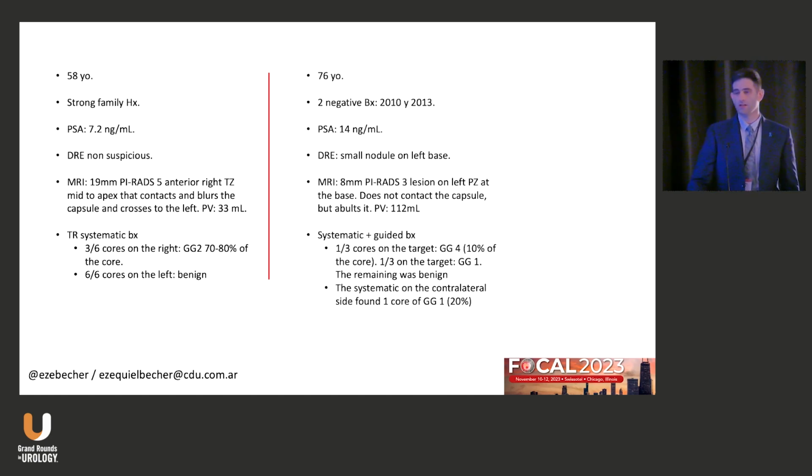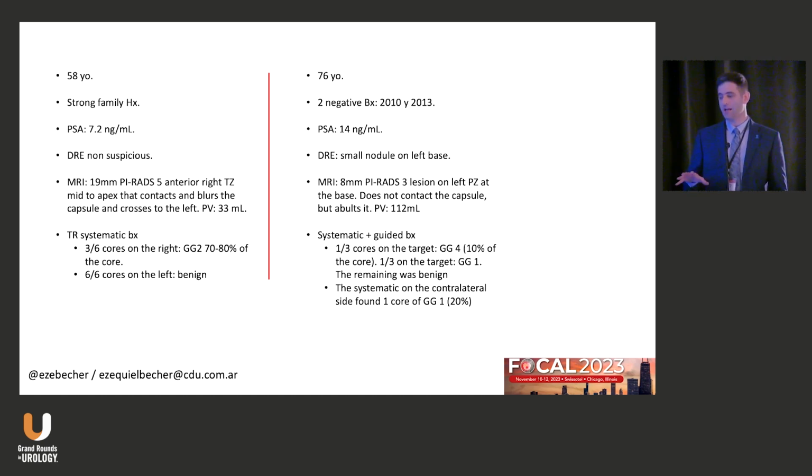On the other hand, we have a 76-year-old man with a history of 2 negative biopsies in 2010 and 2013, presenting with a PSA of 14, a DRE with a small nodule on the left base, an MRI that suggests an 8-millimeter PI-RADS 3 lesion on the left peripheral zone at the base that does not contact the capsule but abuts it, and a prostate volume of 112 milliliters.